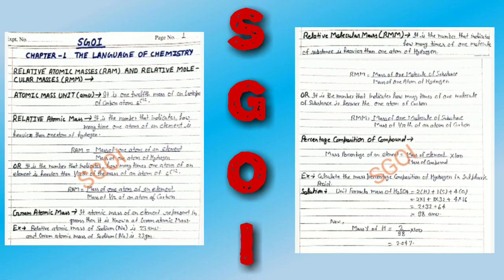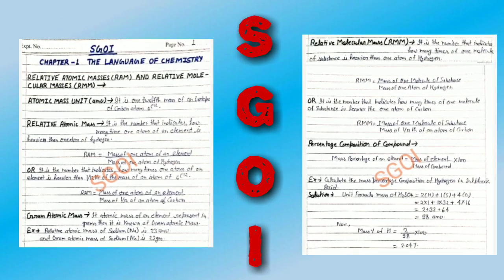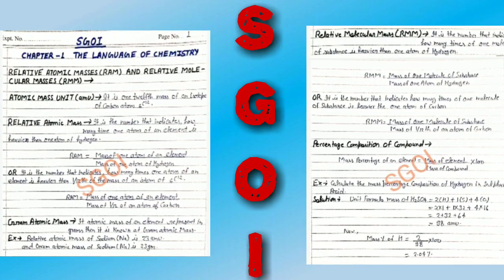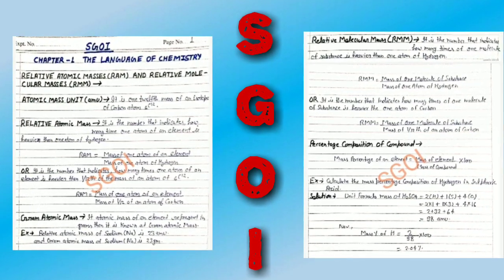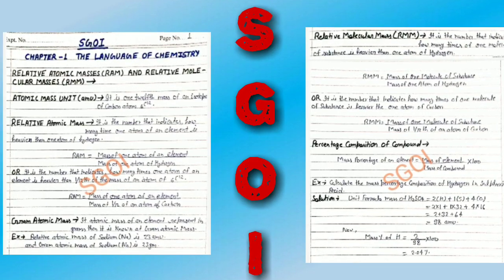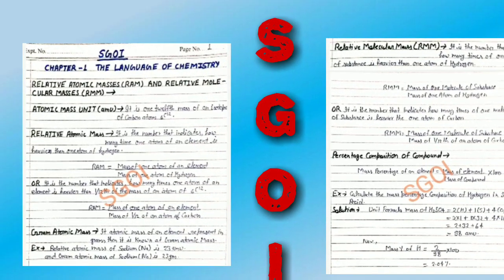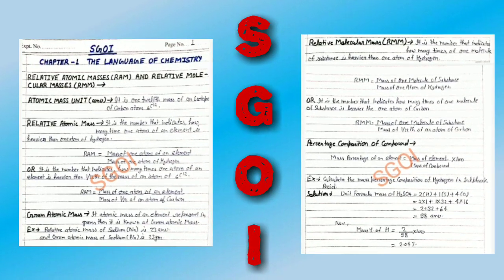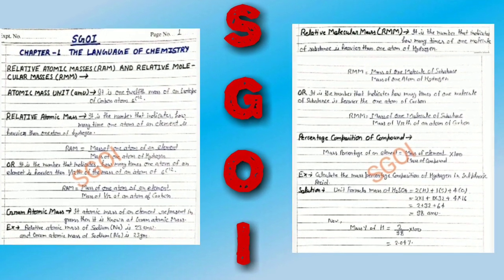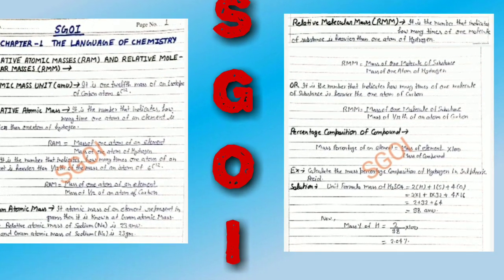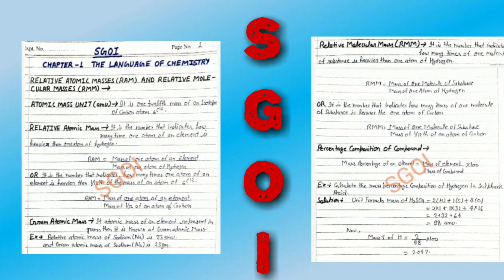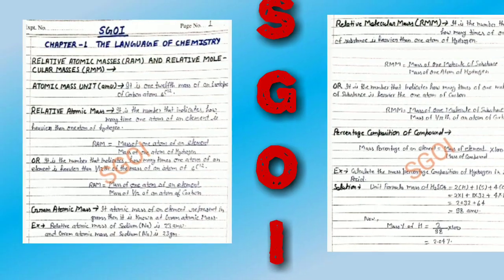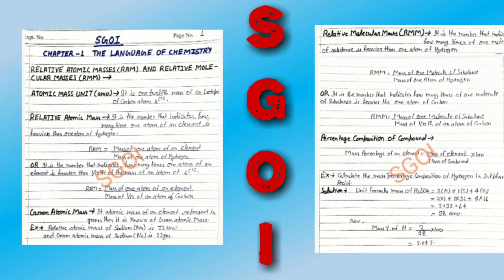Now, again focusing on the question, mass percent of hydrogen, you only have to focus on hydrogen. So, mass percent of hydrogen equals 2 upon 98 into 100. On calculation, this comes out to be 2.04% of hydrogen.